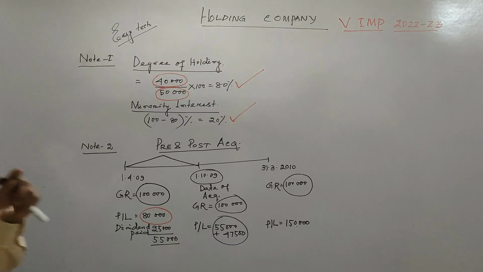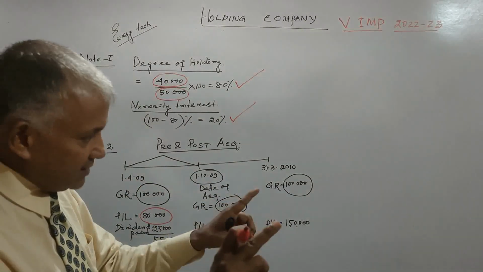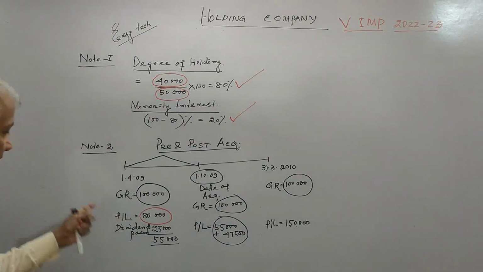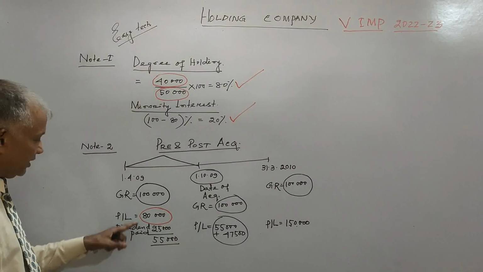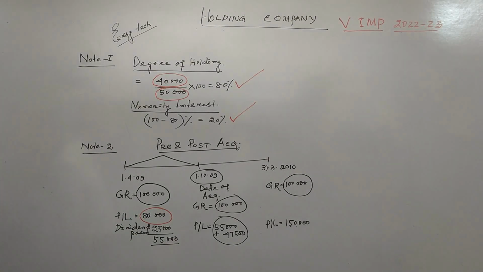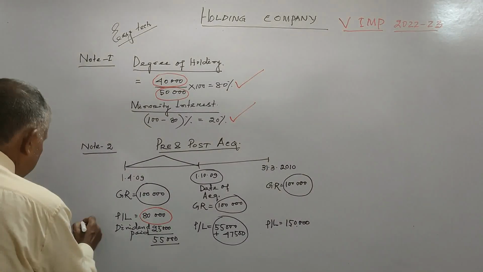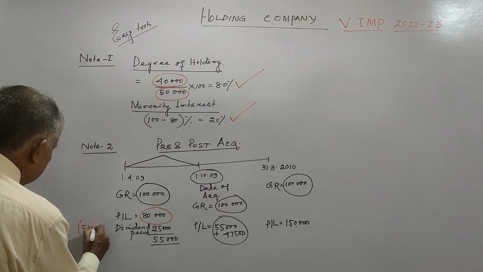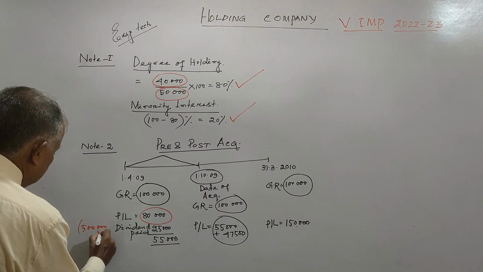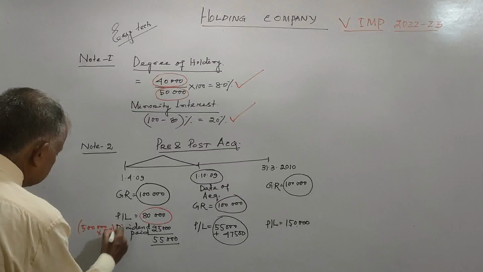There are two cases. One is interim dividend paid. So dividend paid is 5%. Let us first discuss the dividend paid. Dividend paid is 5%, so 5 lakh, that is your capital, into 5%.